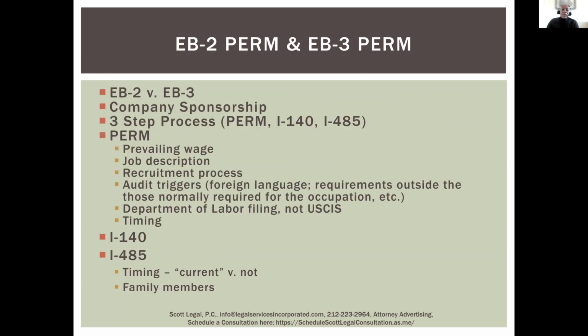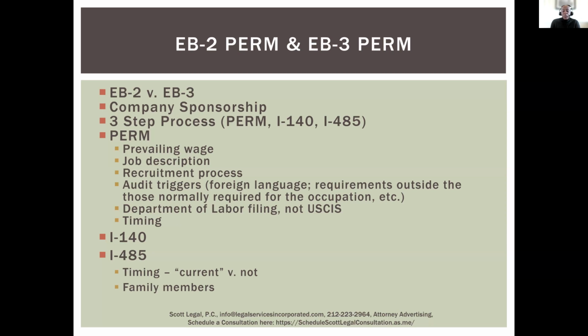Just one thing with this: it does fall under the EB2 realm, so you do have to meet the basic EB2 criteria of having an advanced degree, which are defined at the bottom of this slide. The next area where we see people moving is where someone comes to the United States, they might be on an H-1B, they might be on a TN, and then the company decides to sponsor them for a green card, and that is done under the EB2 or EB3 category.